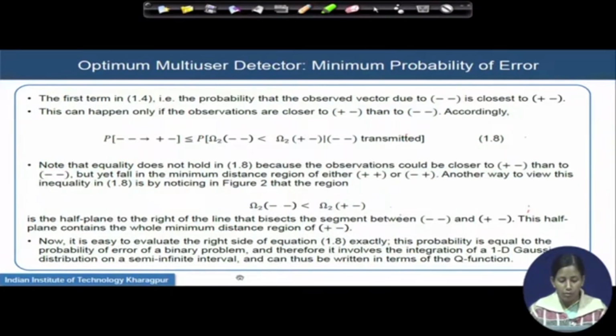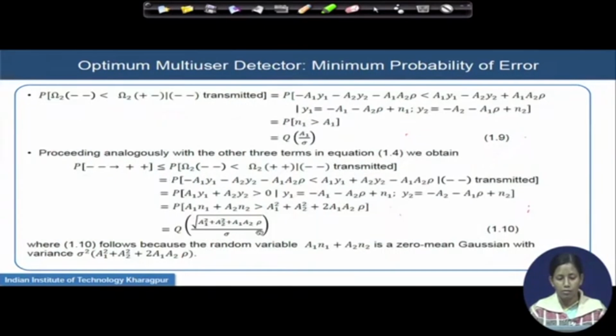So the right side is easy to evaluate, because it is a one dimensional Gaussian distribution on a semi infinite interval, and we can easily express this probability by the known Q functions.